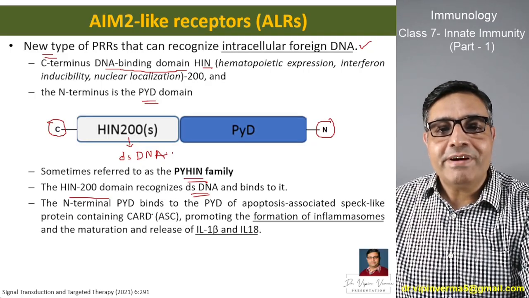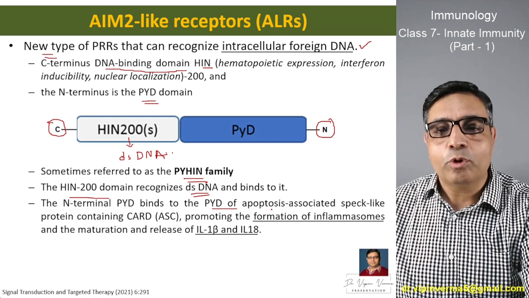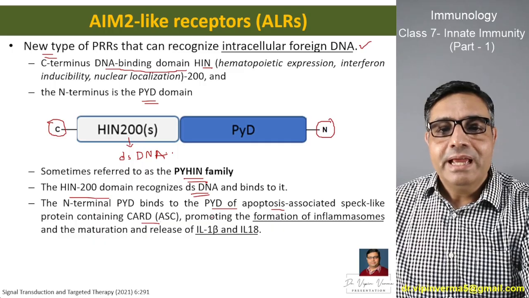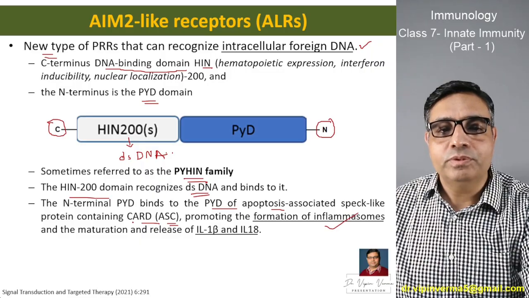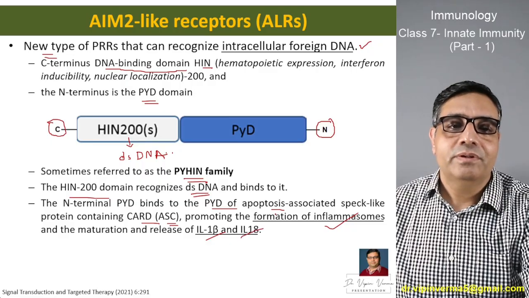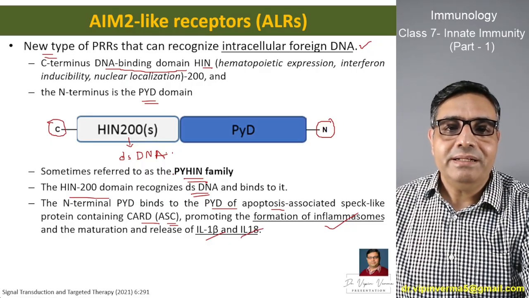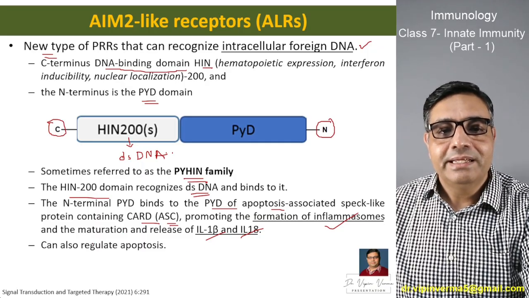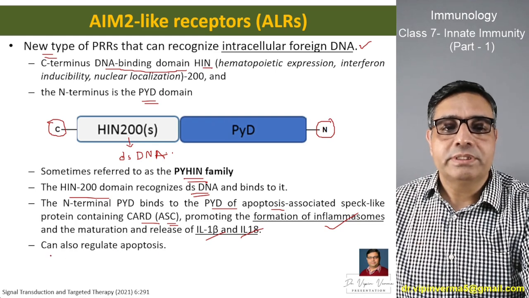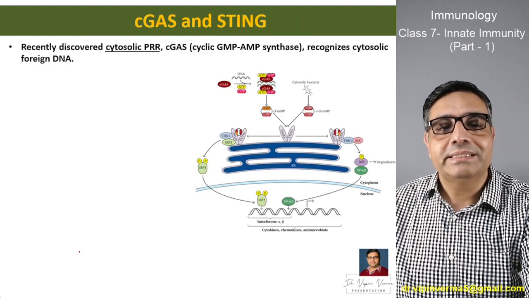The N-terminal PYD binds to the PYD of apoptosis-associated speck-like protein containing CARD, for example ASC, and they promote the formation of inflammasomes and the maturation and release of IL-1 beta and IL-18. So once they bind, this PYD domain promotes the formation of inflammasomes and the release of IL-1 beta and IL-18. It can also regulate apoptosis in some instances, right?